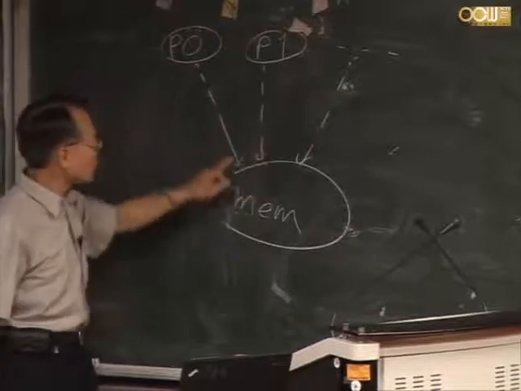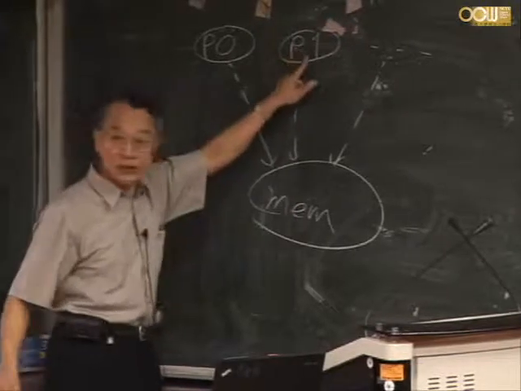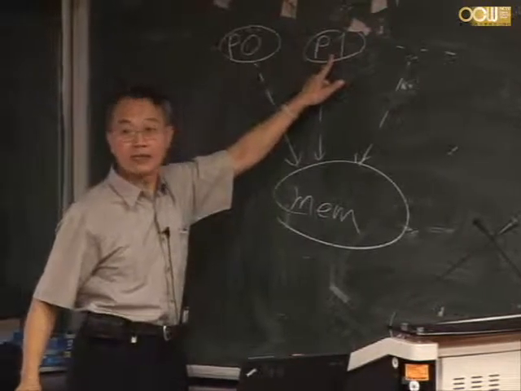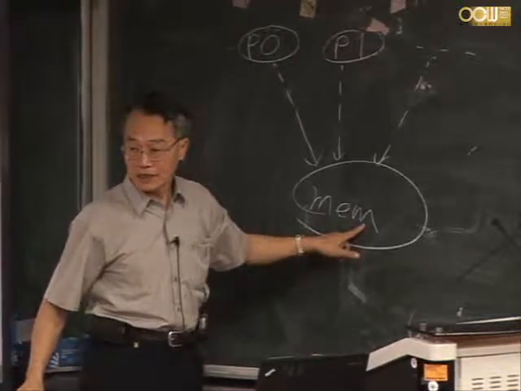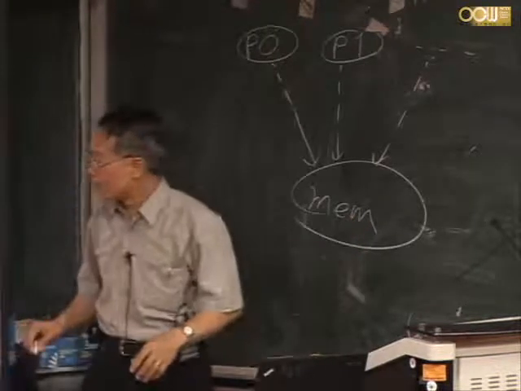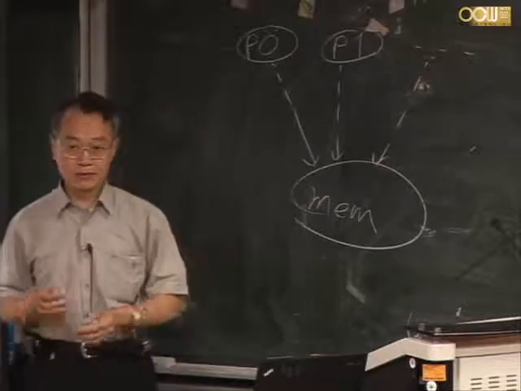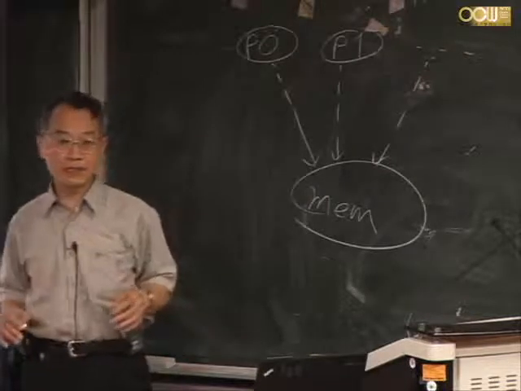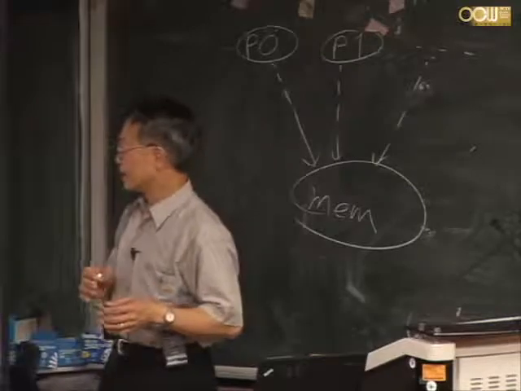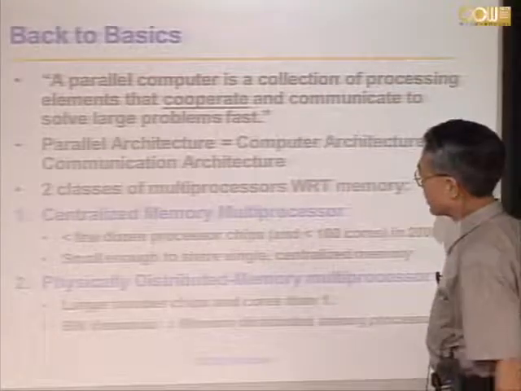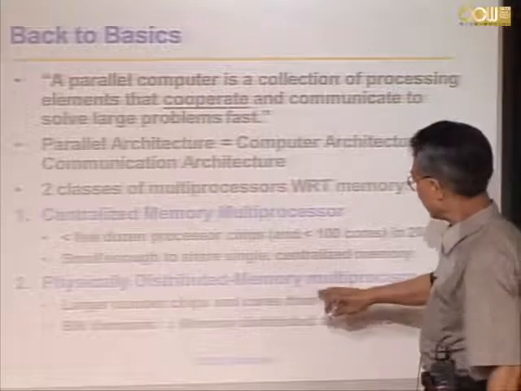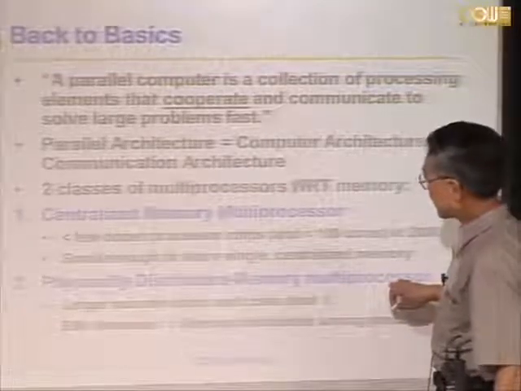If I write to x1 and you read from x1 and you see my value, then that means we use the same memory. So we're talking about virtual memory, the user's memory space. If they share this, then it's a centralized memory multiprocessor, or physically distributed memory multiprocessors.